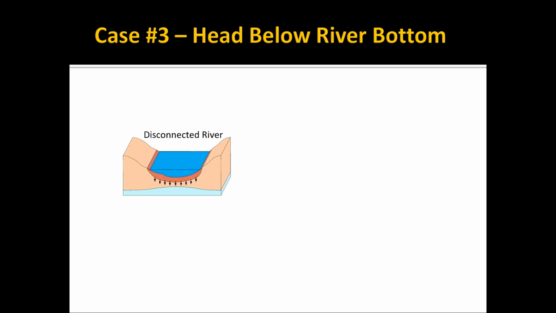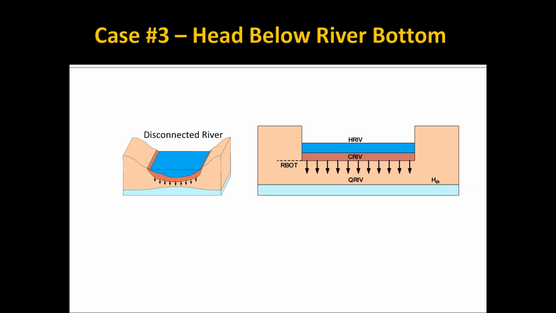And then the third case is a disconnected river. In this case, HIJK, the head in the cell, is below the river bottom elevation. And once that happens, the river and the aquifer become disconnected.